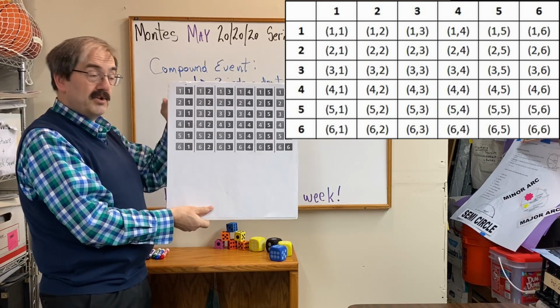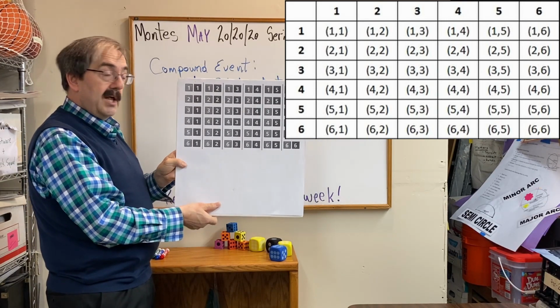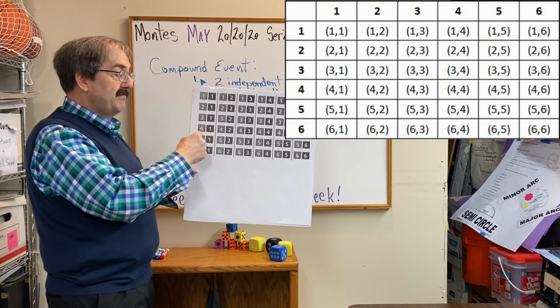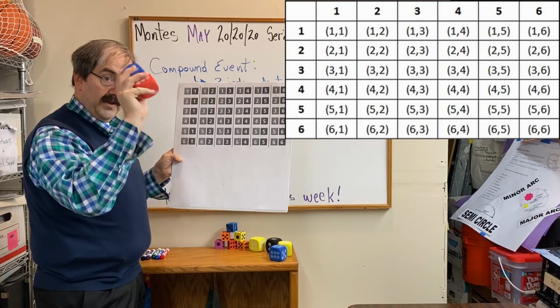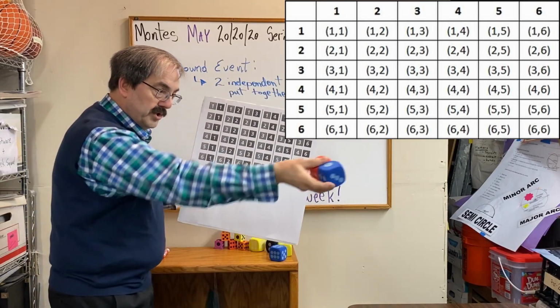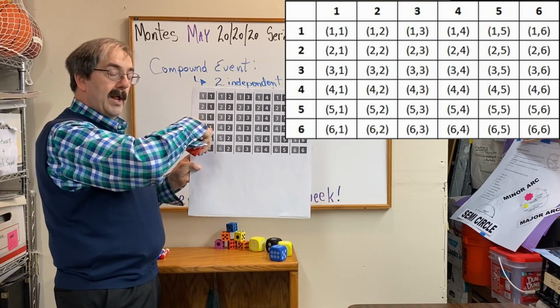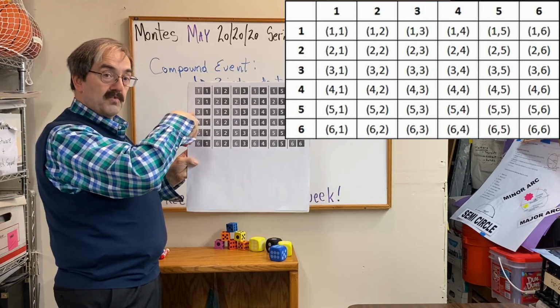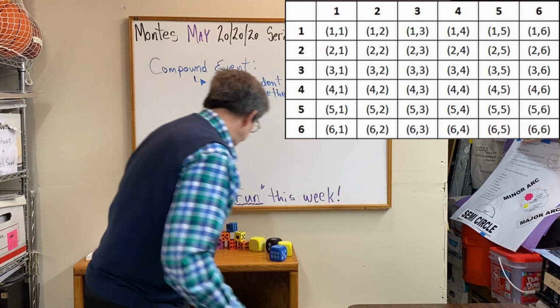Well, if there's 36 possible choices and there's only one possible combination, the probability of rolling these 2 dice, whoosh, and coming up with a 4 and a 1 is 1 over 6 times 1 over 6.